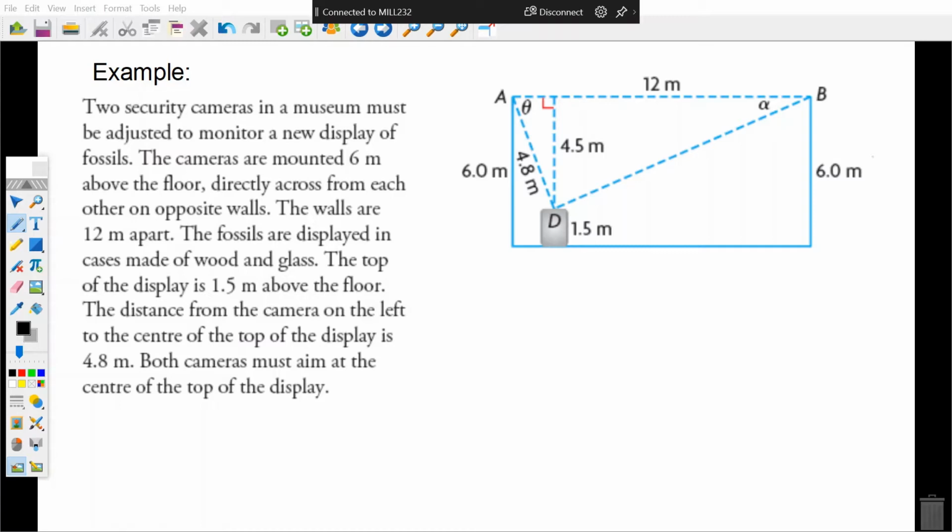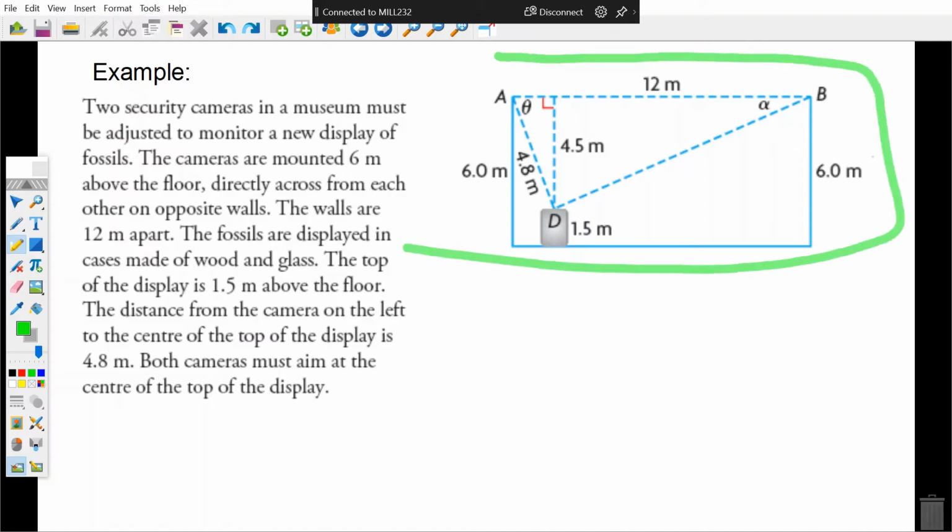Okay. Again, don't worry about writing down the example, but what I would do is to try and draw the diagram. Okay, take a minute, draw the diagram, and then we will solve it.